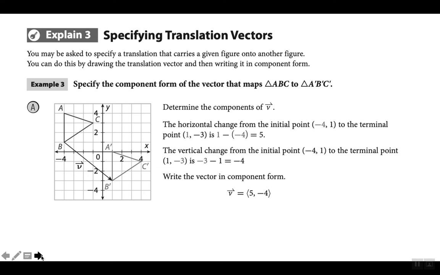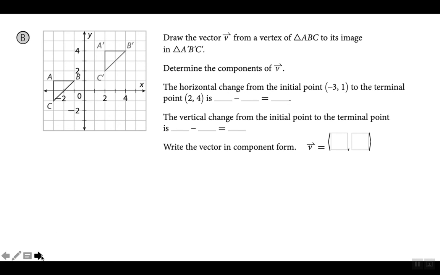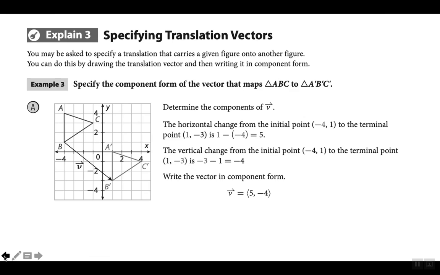On this one, this is the last section where you have to write the vector in component form by looking at the picture. As it says here, you may be asked to specify a translation that carries a given figure onto another figure.